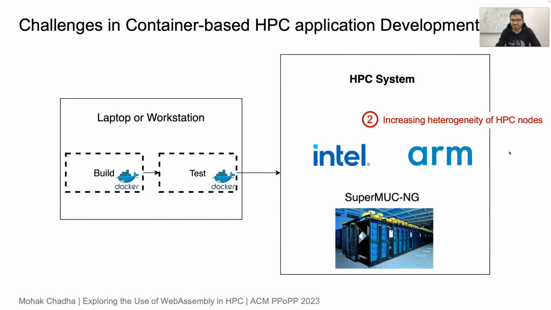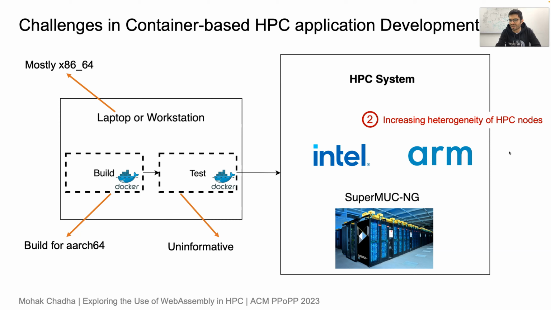So in most cases, this laptop or workstation is x86-64, and then you want to cross-compile and build the application container for an ARM system. While there are plugins such as BuildX from Docker which allow you to do this, it is significantly time-consuming. Moreover, testing and developing HPC applications offers insights only on the target system where the application will eventually run.